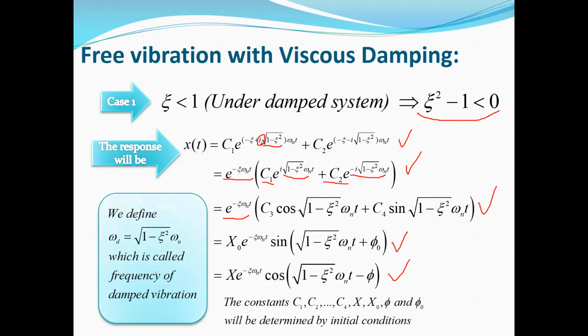Also, we define a new parameter, called the damped frequency, or frequency of damped vibration, omega d, equal to the square root of 1 minus psi squared times omega n. You can see the damped frequency is again a function of psi and omega n, the damping ratio and the natural frequency. Again, these 2 important parameters play the main role in the damped frequency.